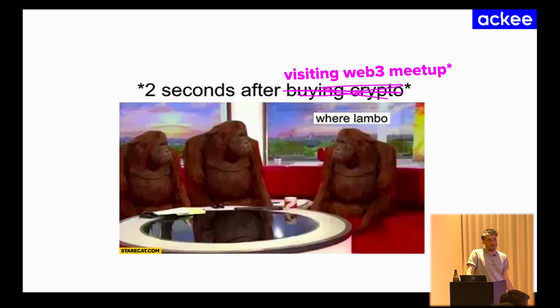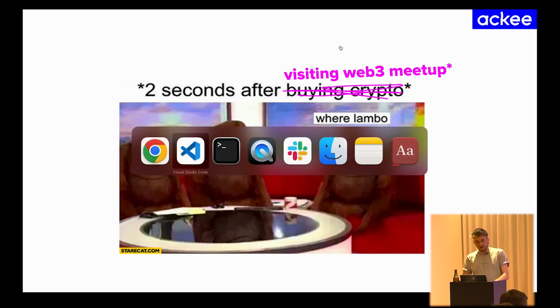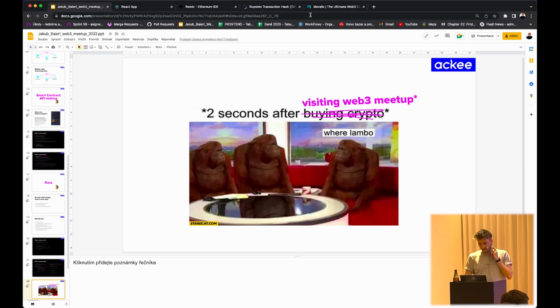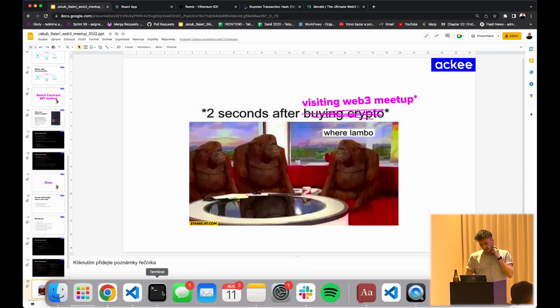And now we are prepared for a new app, because we are able to connect ourselves with the crypto wallet, we are interacting with the smart contracts, and we can store the data. Now I can show you how an actual application can look.